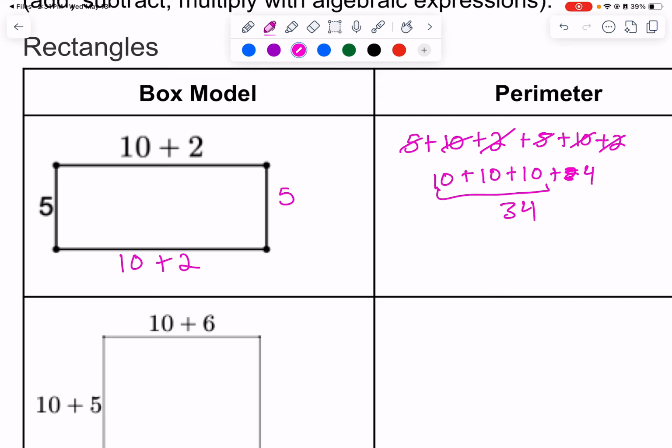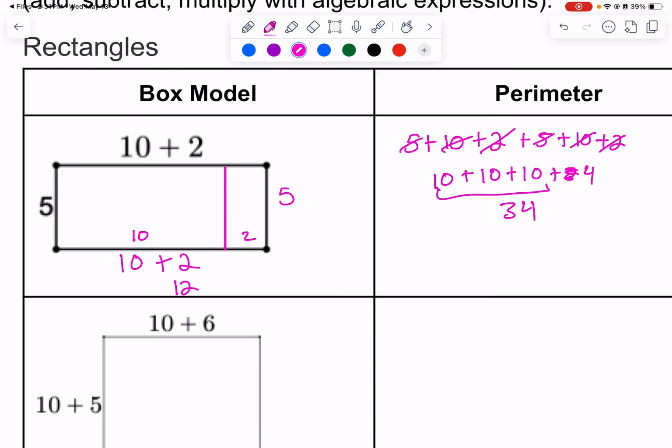Okay, now I could say this 10 plus 2 is 12 and do a calculation of 5 times 12. But I want to use this idea of 10 plus 2 to actually split up the rectangle. So that's like saying this section is 10 and this section is 2.